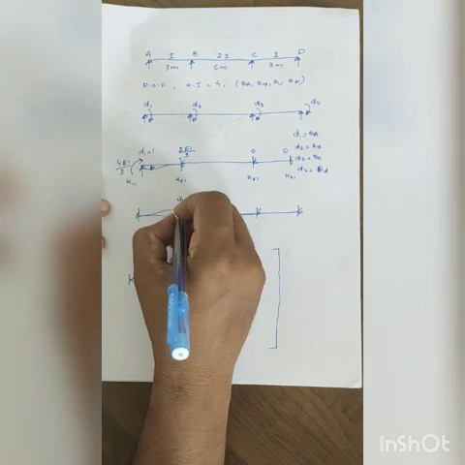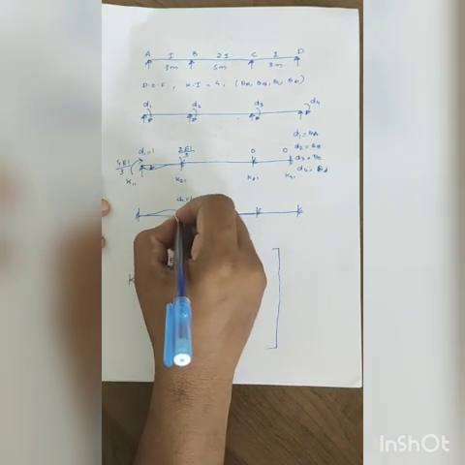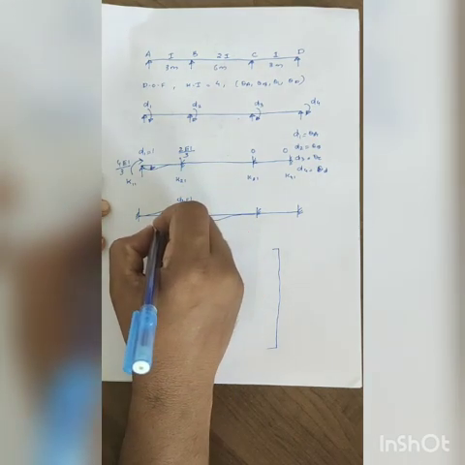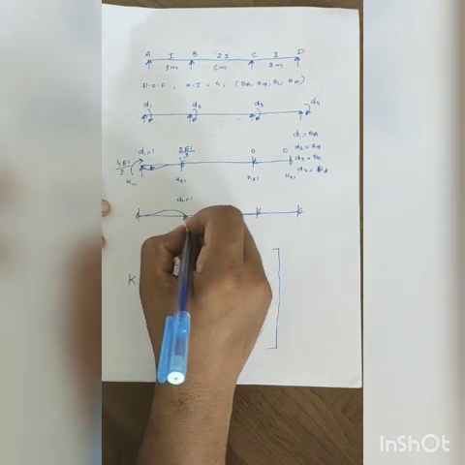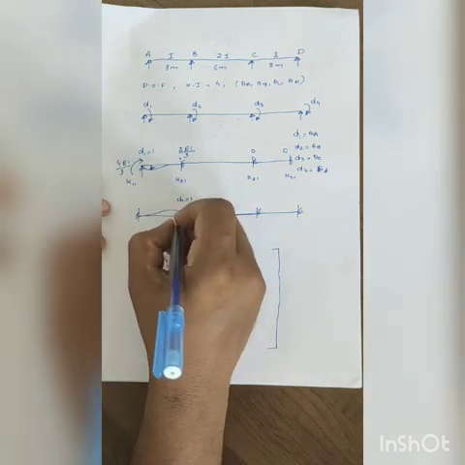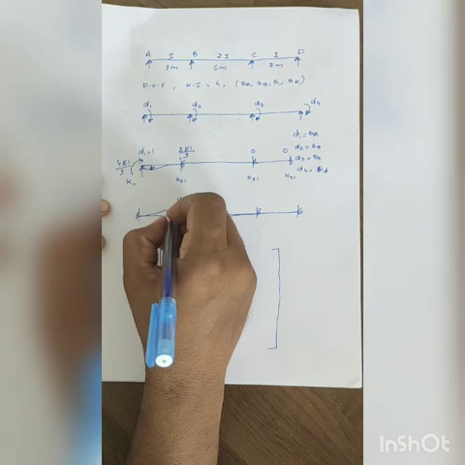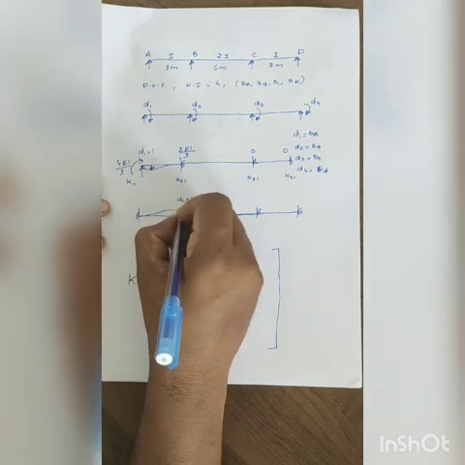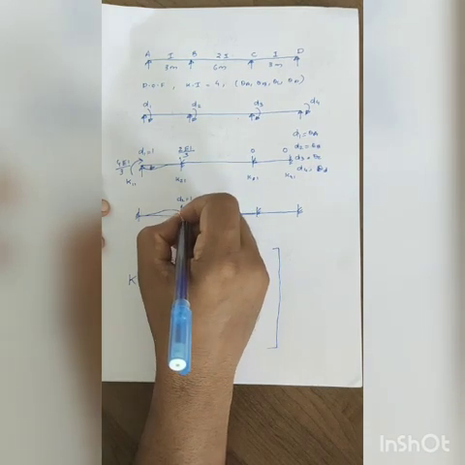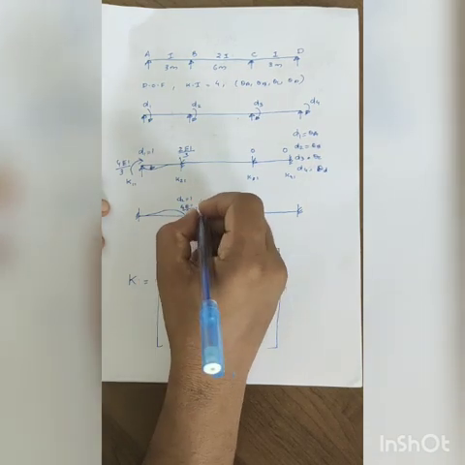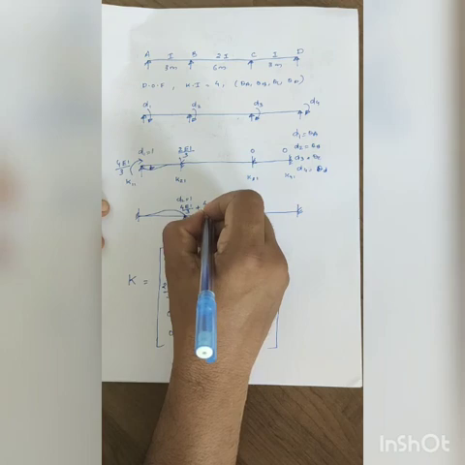So the moment induced will have two contributions: the contribution from the first beam AB and the contribution from beam BC. The contribution from beam AB is 4EI by L, that is 3 meter, and the contribution from beam BC is 4E.